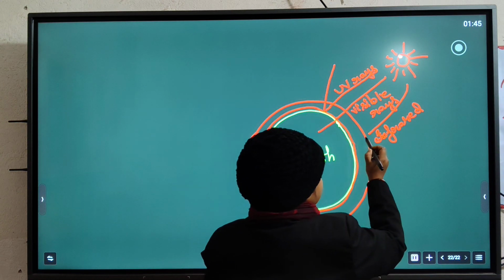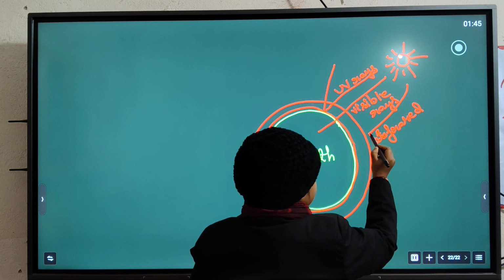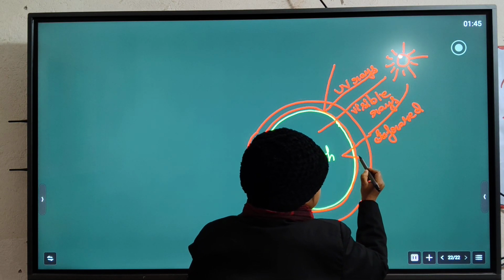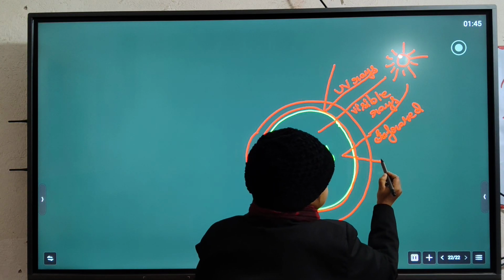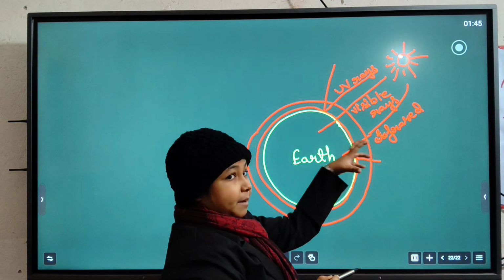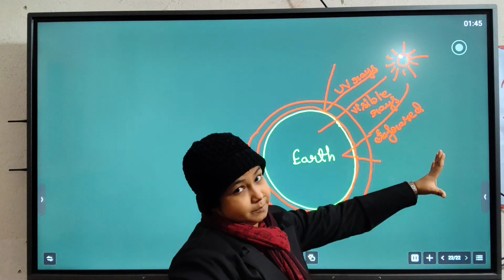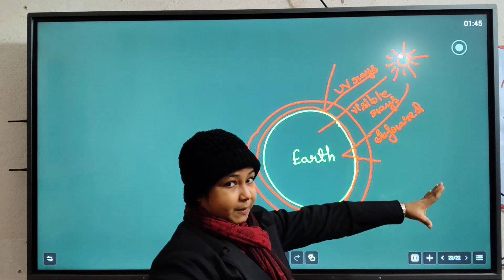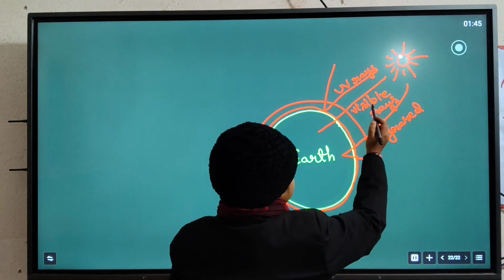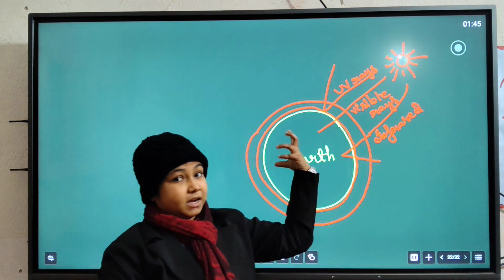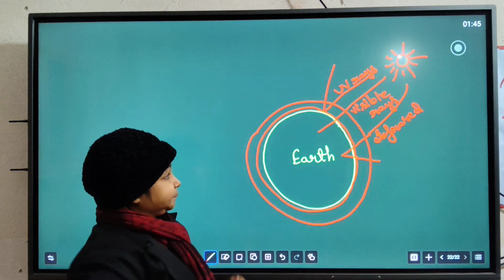Infrared rays come from the sun and are reflected back to space by the earth's surface. They partially come to our earth and are partially reflected by the earth's surface to space. So visible rays come from the sun and come to our earth.